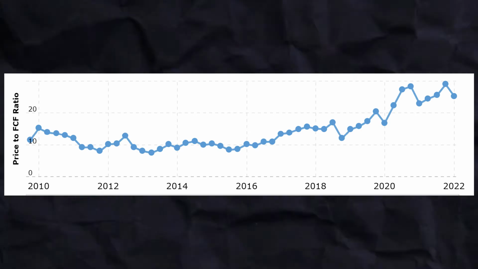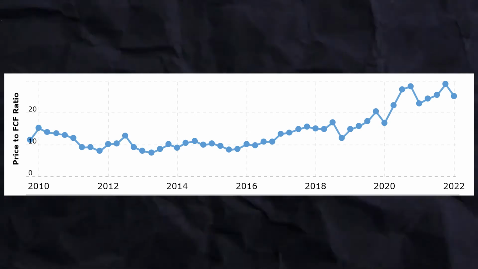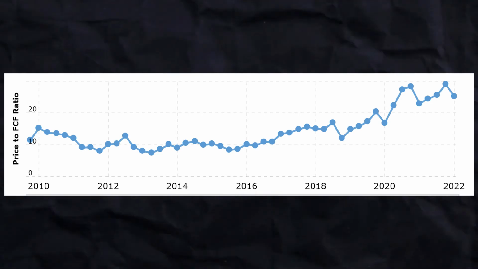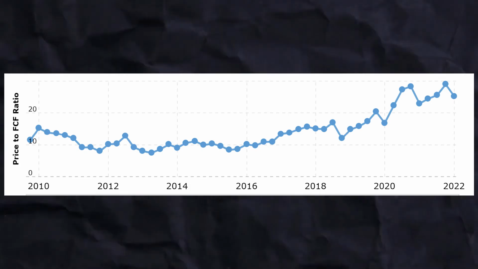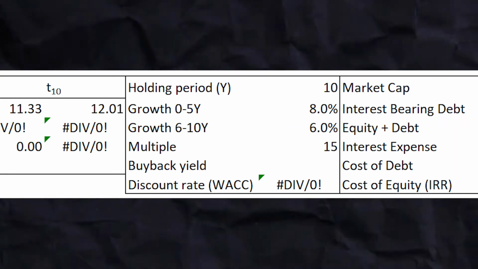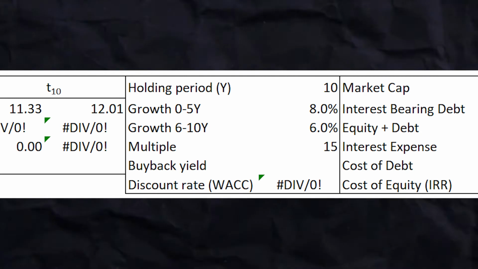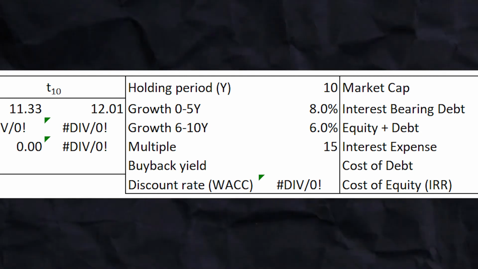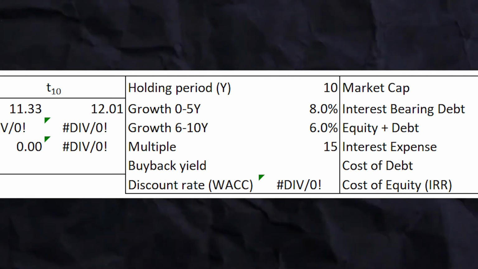Because I think that Apple currently is a higher quality company than it was, for example, in 2015, I think that a price to free cash flow multiple of around 15 at the end of our holding period sounds reasonable. But we also have to keep in mind that Apple's future growth potential is definitely lower now than it was in, for example, 2015. So this acts as kind of a cap on Apple's price to free cash flow multiple.